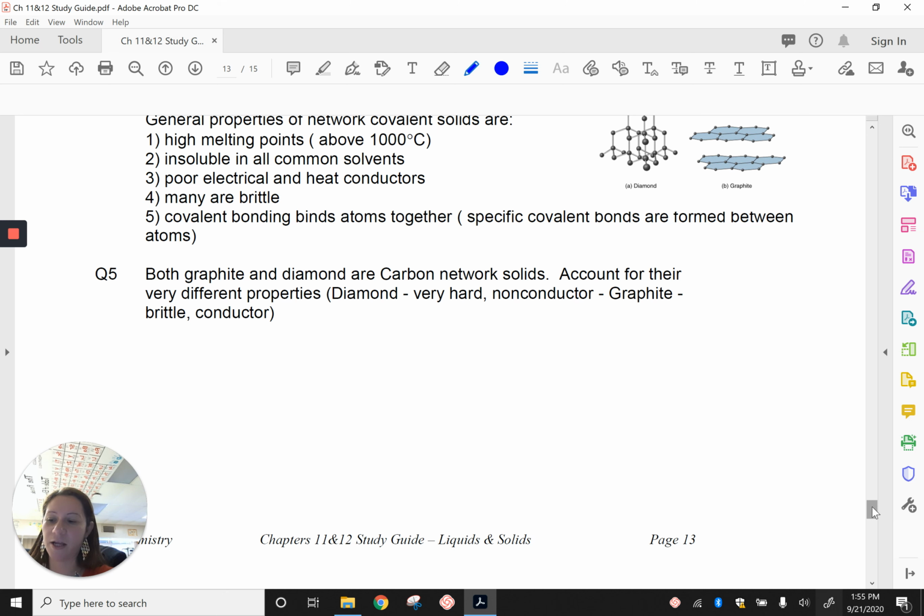They have this intricate 3D structure that is very hard to break, and can't really allow for movement of electrons in there. So let's write the answer here.